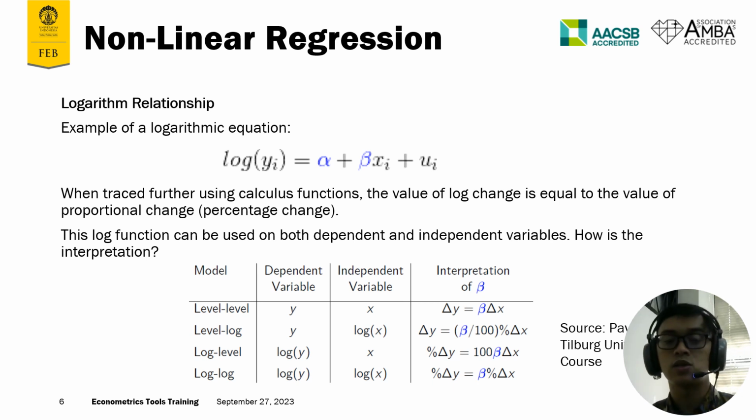We'll use it especially in time series, which will be discussed in the next meeting maybe. But today I want to give you an idea about how we can do a logarithm and what the implication of it is. The logarithm is as simple as a simplification of the number, so it can make a simplification of the value that we want to regress.